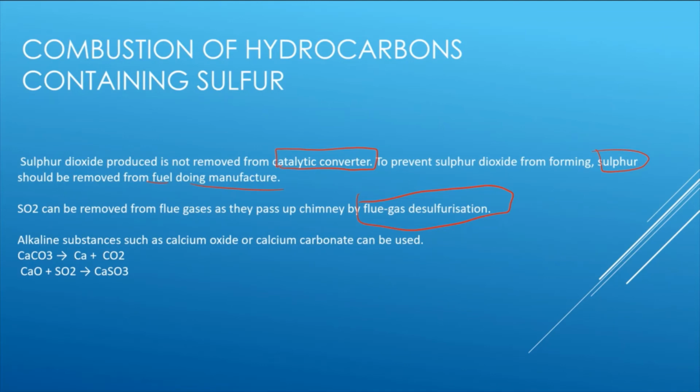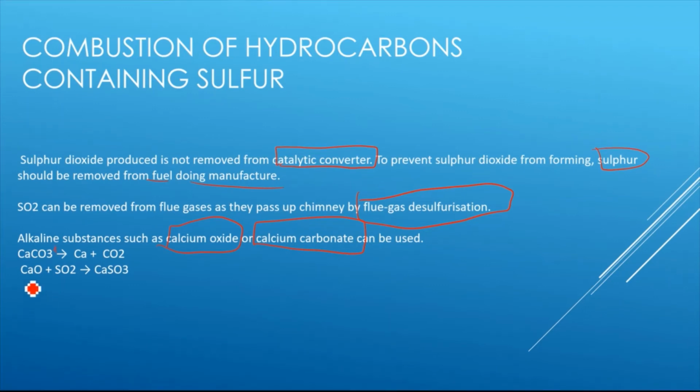Sulfur dioxide is acidic, so alkaline substances such as calcium oxide or calcium carbonate can be used. For example, calcium oxide can react with the SO2 to form calcium sulfate, which can be used to make plaster.